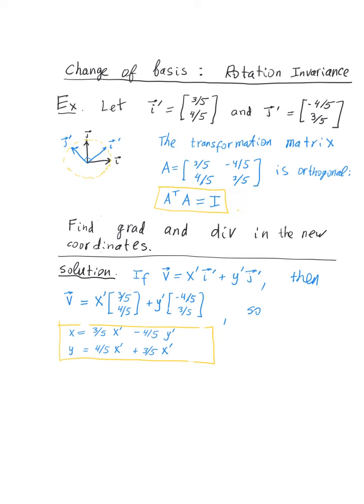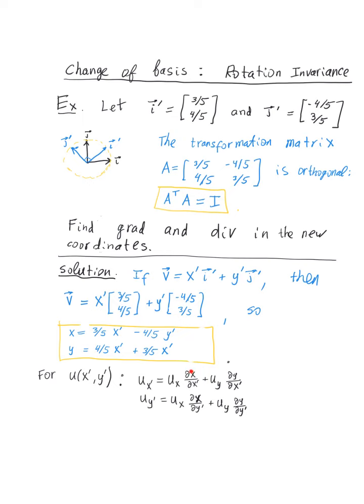So the coordinates of v, x, y, would be given by these formulas. You can also write it in matrix form: xy would be our transformation matrix multiplied by the column x prime, y prime. Now, given a function on a plane, we can think about it as a function of x prime, y prime, and we compute the derivatives with respect to x prime, y prime using the chain rule.